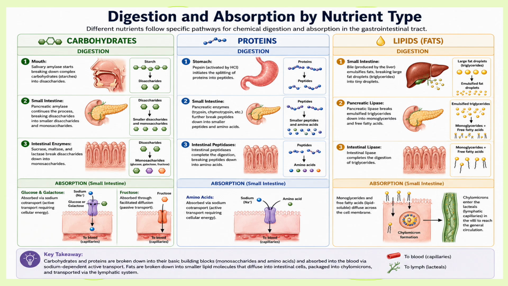Absorption then happens in the intestine. Glucose and galactose are absorbed through the co-transport system with sodium in an active process that requires cellular energy, ATP, remember? Fructose, on the other hand, is absorbed more simply through facilitated diffusion.